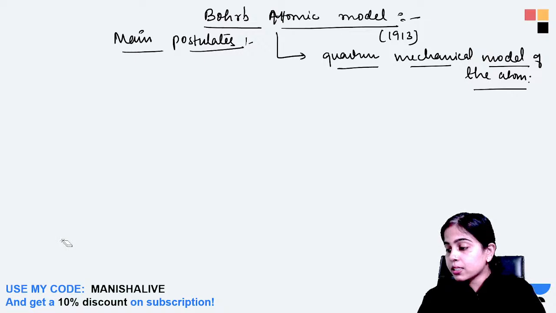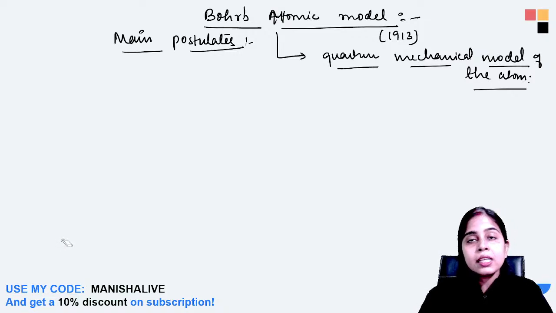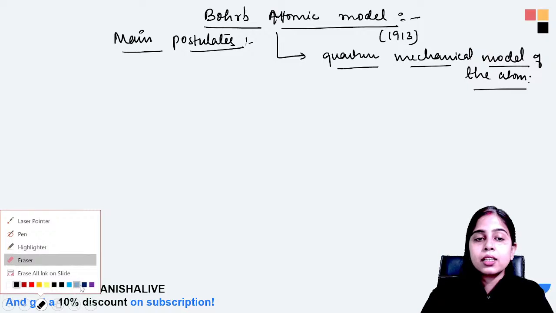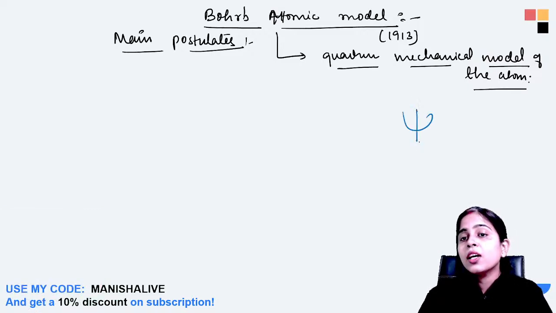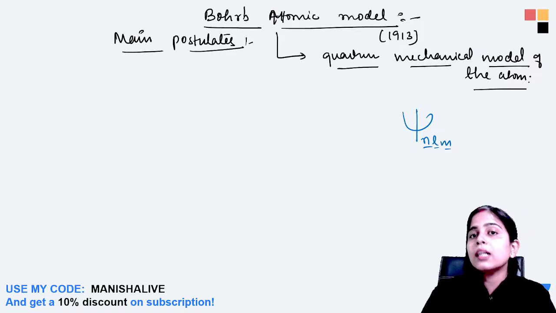Ma'am, what I remember, Schrödinger proposed the quantum mechanical model. Yes, but Neil Bohr was the first to propose a quantum mechanical model, but his model was not so successful. So Schrödinger gave a mathematical equation, the sign of chi, where he introduced the n, l, m, that is the principal, azimuthal and magnetic quantum numbers, due to which we call it the quantum mechanical model, or Schrödinger model of atom.